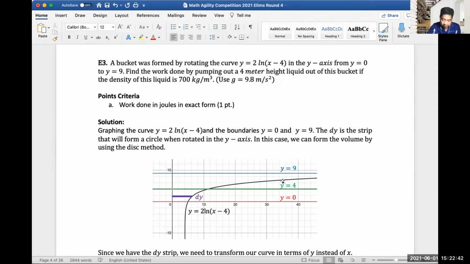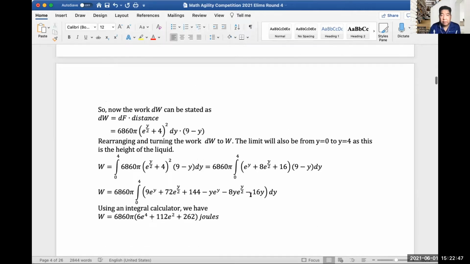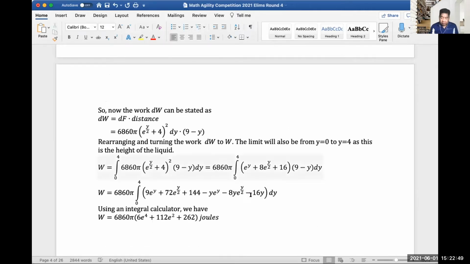So let's go back to that page where we are computing the work. We already formed the formula for work. Let's rearrange, turning the work dw to W, and we can do that by integrating our formula. The limit is from y equals 0 to 4, which is the height of our liquid, right? This would be our final formula.